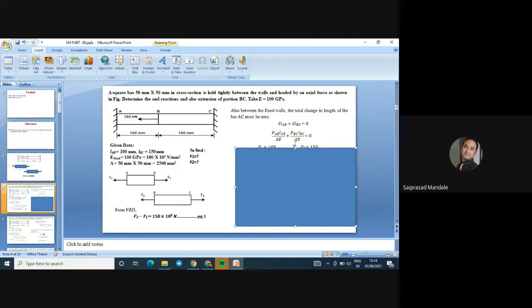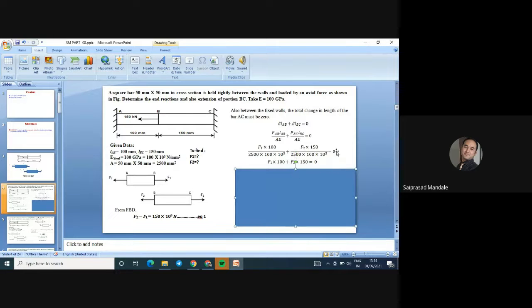But in that case, the structural members have the same area and the same material, so A and E for both members are the same. Here it can cancel and we have the equation F1 into 100 plus F2 into 100 equal to 0. So the denominator gets cancelled.